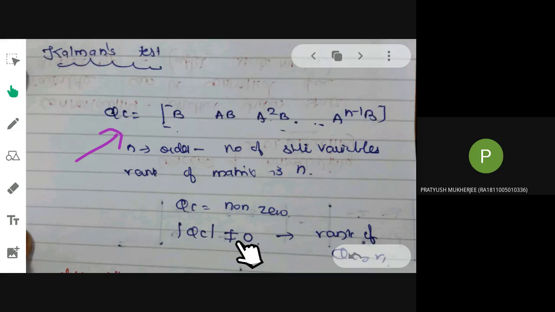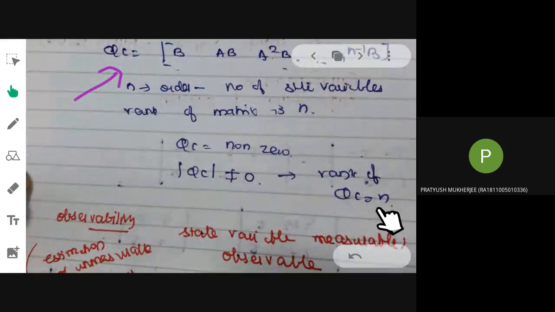After finding that matrix, that matrix should not be equal to what value? 0. Okay, and one more condition is that the rank of that matrix should be equal to what? The rank of the matrix should be equal to the order, n. So if these two conditions are satisfied, then the system is said to be controllable.